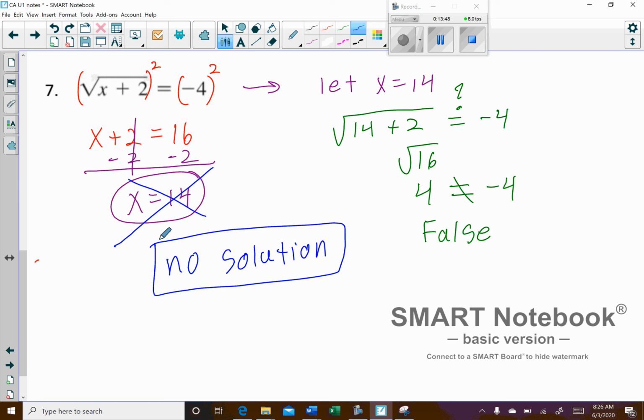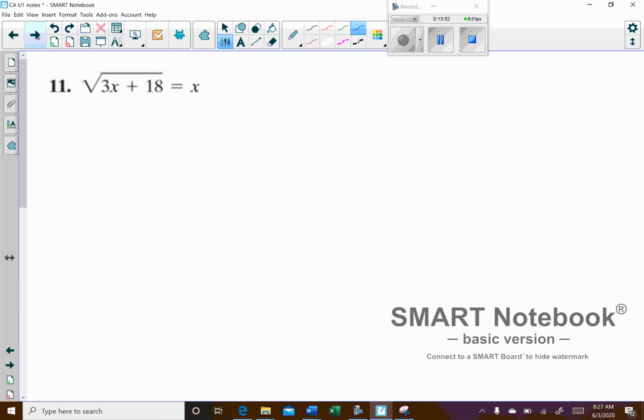Okay, so we're going to try a couple more of these. They'll get a little bit more interesting. So here on number 11, once again, we're isolated, so we can go ahead and square both sides. We're ready to go. So the radical will get eliminated, so we'll have 3x plus 18 equals x squared. Now, we want to set this equal to 0.